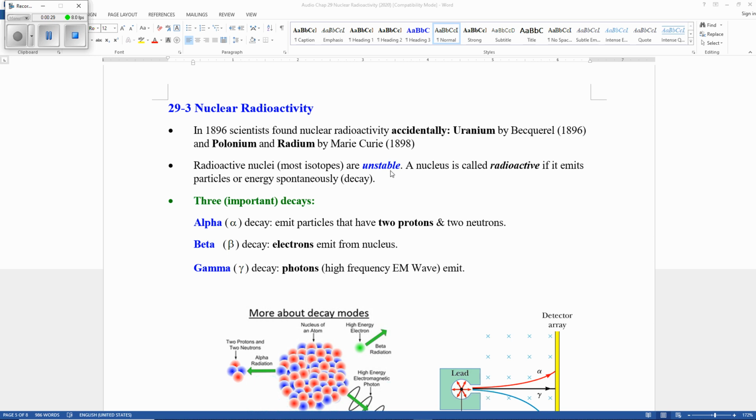Unstable means a nucleus is going to emit, give off particles or give off energies spontaneously, and that we call radioactive decay. If a nucleus gives off particles or energies automatically, the key is automatically, we call it radioactive decay.